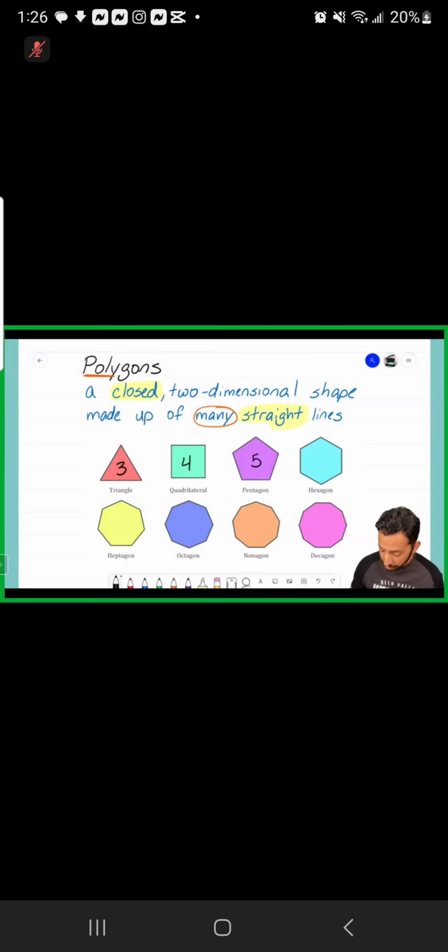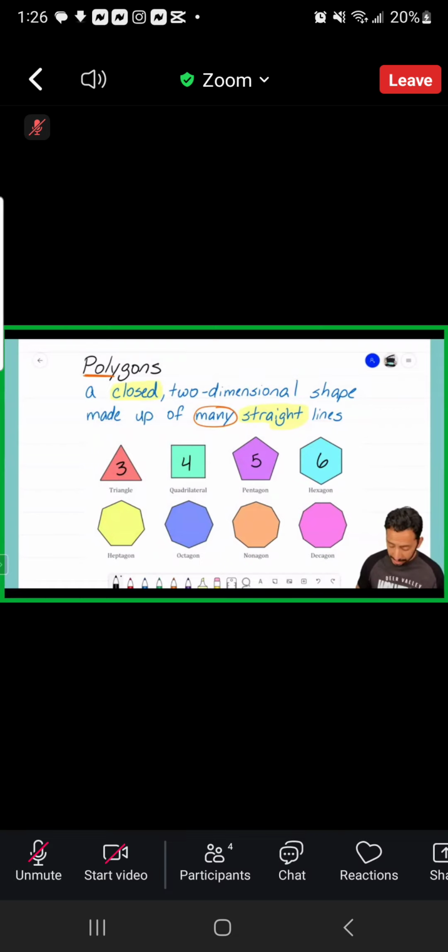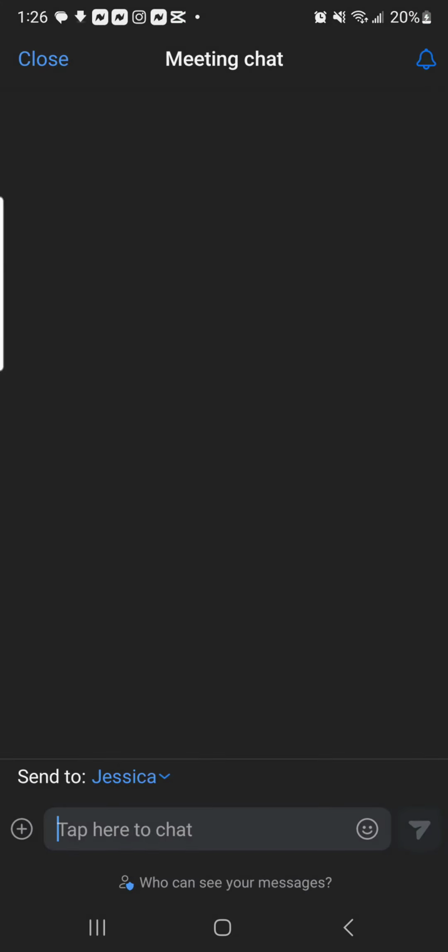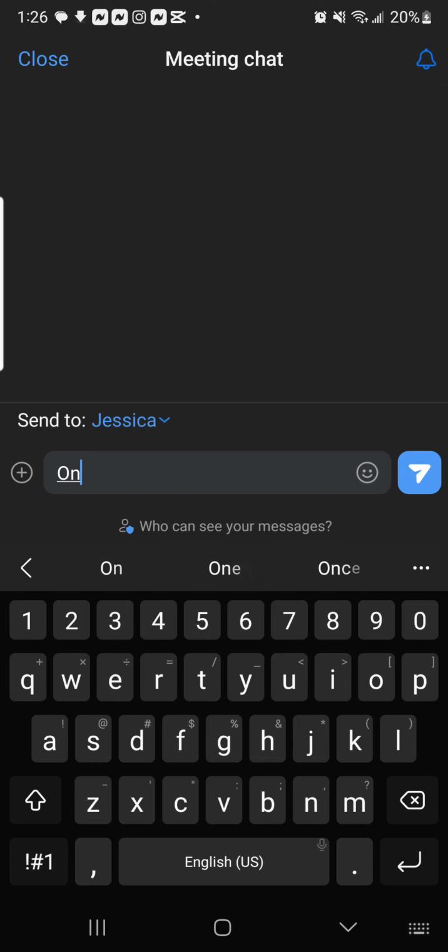We then move on to the hexagon, which has 6 sides. This one you might not be as familiar with, but a 7-sided shape is called a heptagon. Then we move on to an 8-sided shape, which is called an octagon. Again, another one you might not be as familiar with, but that is a 9-sided shape, which we refer to as a nonagon.